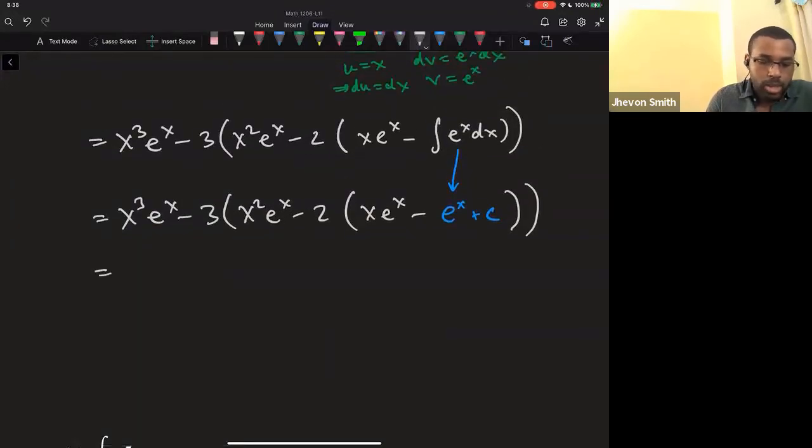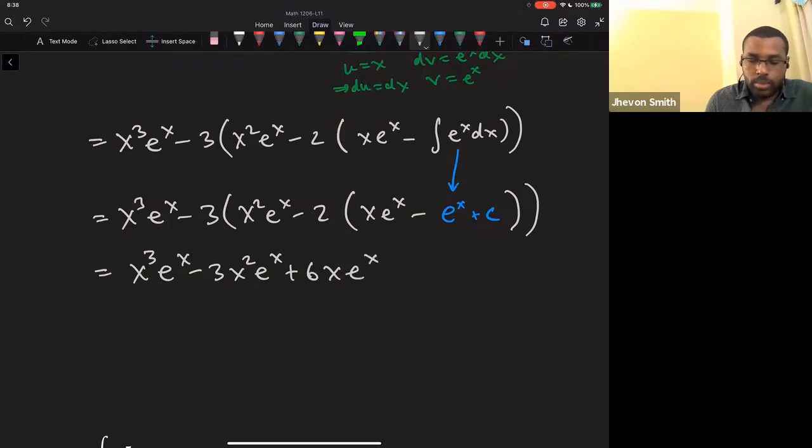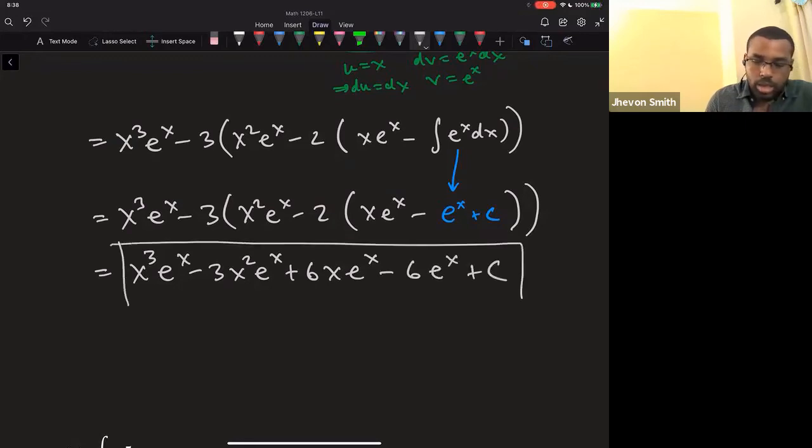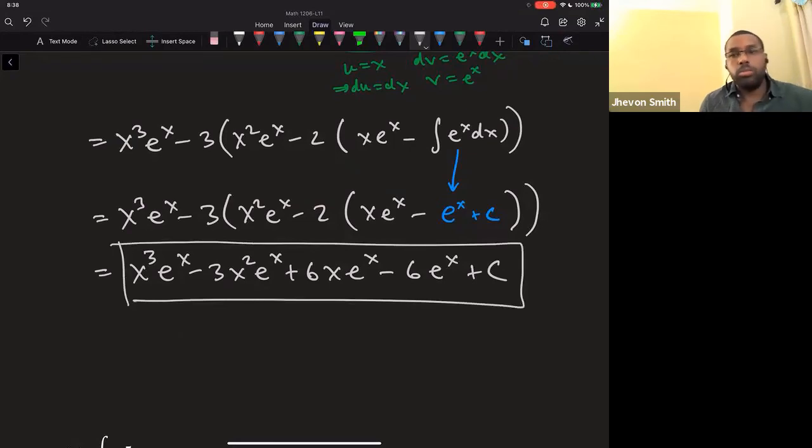So this is going to be x cubed e to the x minus 3x squared e to the x plus 6x e to the x minus 6e to the x plus c. Whew. And that one took a long time.